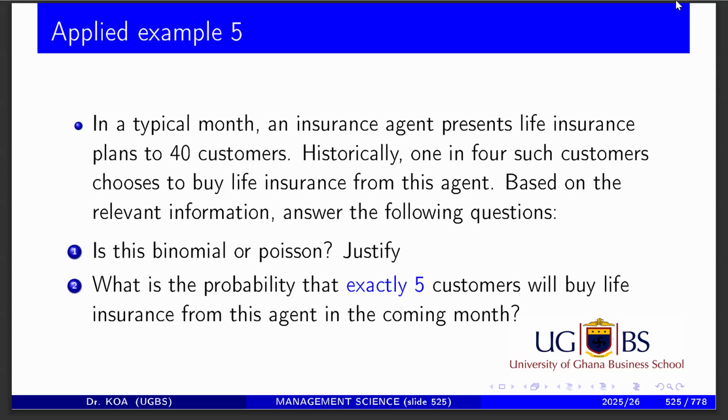How would you have found your average if you were to use Poisson? There's a way you can use Poisson if you were to force it, to find the average. Yeah, the same 1/4 multiplying the number of customers. That 1/4 never came into your mind before. No, that's how I would have found the lambda. Exactly. Yeah, but that 1/4 didn't come into your mind that it was for binomial.